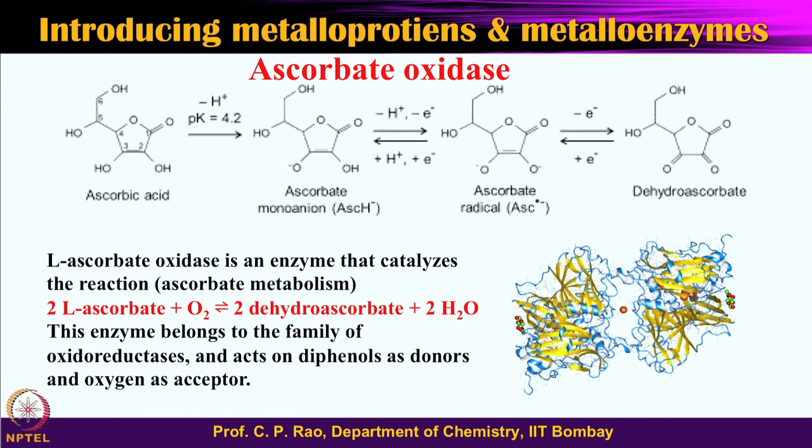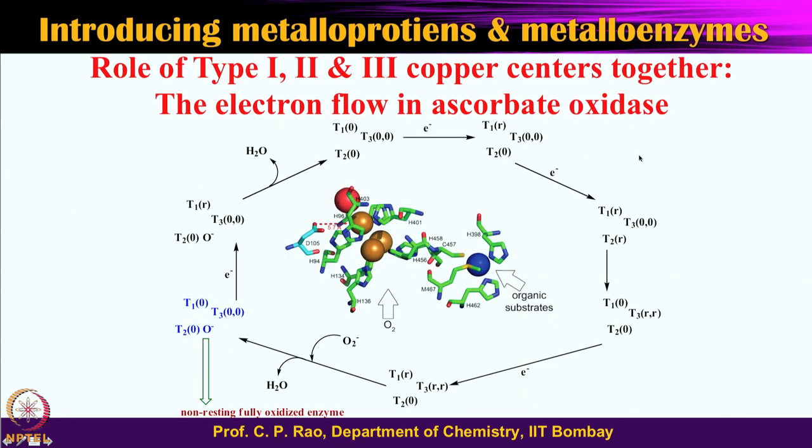And then we have seen ascorbate oxidase, from ascorbic acid to dehydroascorbic acid, as you can see. This is again an enzyme where type 1, type 2, type 3, all three are present. They work very harmoniously. Type 1 to type 2, type 3 distance is around 15 to 20 angstroms, whereas type 3 to type 2 is around 4 to 5 angstroms.